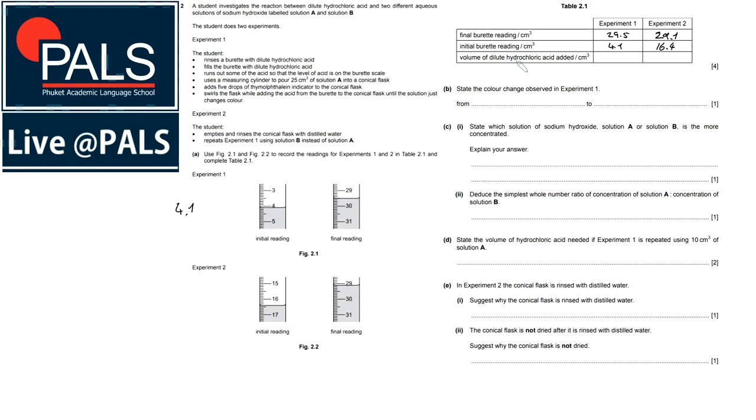So volume of dilute hydrochloric acid added, so we just find the difference between these, and that is 25.4 here, 29.5 minus 4.1, that's how we do it.